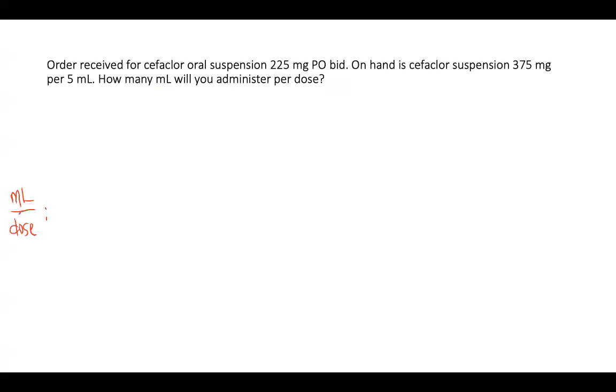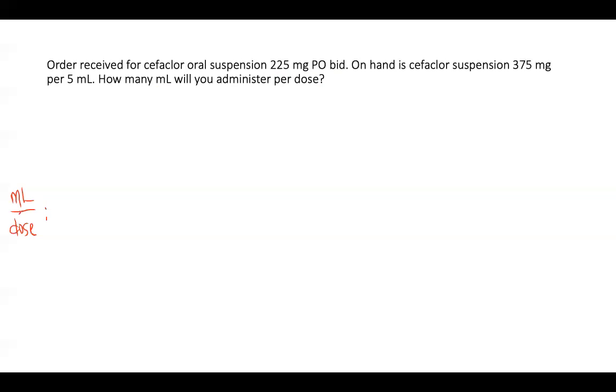I always include dose or day, to prevent me from forgetting a last step and to make sure that I'm giving the correct dosing of medication, okay? So step 1: the question says, how many milliliters will you administer per dose? So what I'm looking for is milliliters per dose.